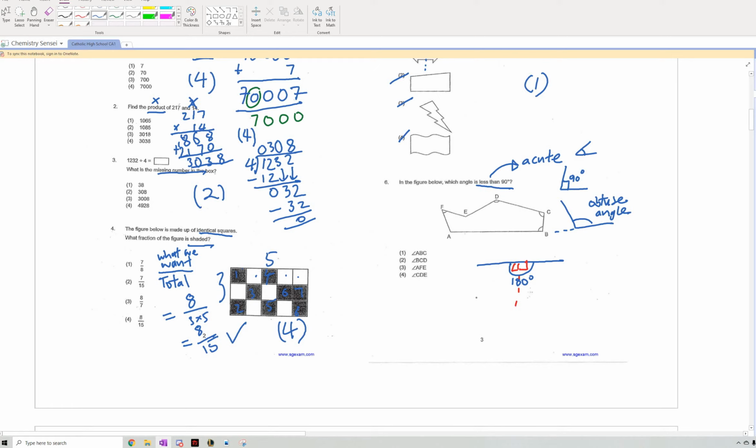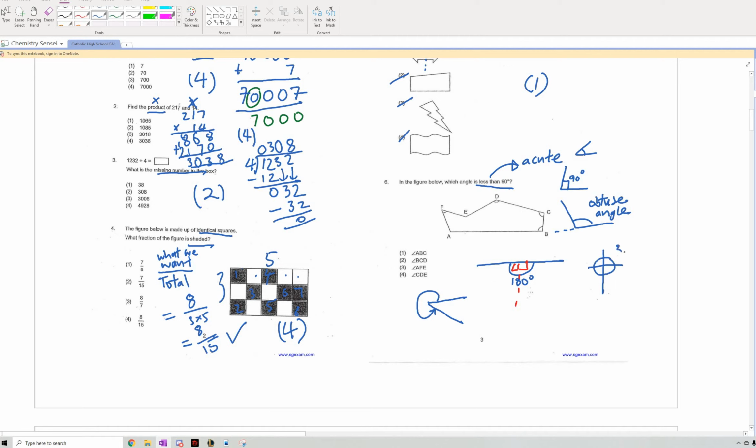Alright, lastly, an angle that is more than 180 degrees but less than 360 degrees, those are known as reflex angles. Alright, so a reflex angle will look something like this. Okay, where it is more than 180 degrees but less than 360 degrees. For those of you who are not so sure, 360 degrees is actually referring to a circle.